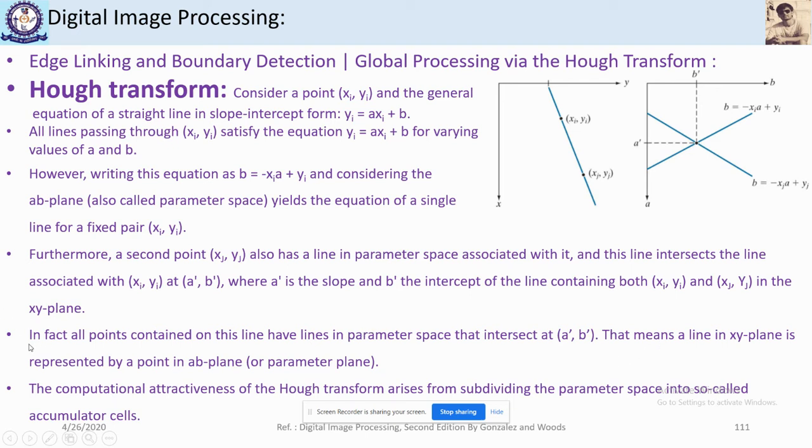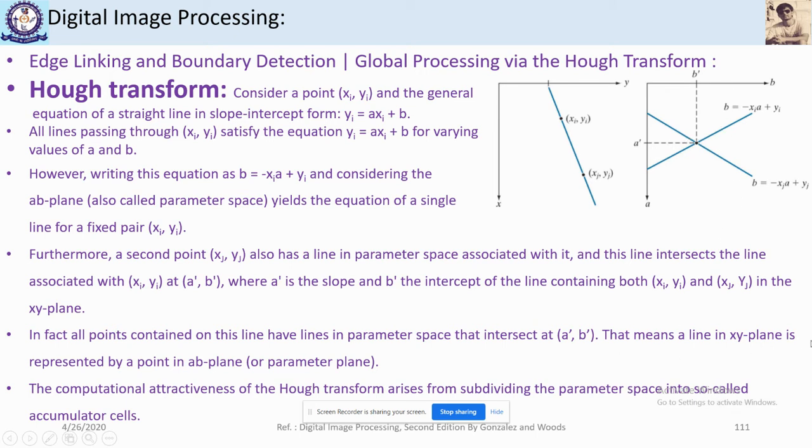In fact, all points contained on this line have lines in parameter space that intersect at a', b'. Since this a', b' represents this straight line, whichever points are on this straight line will be represented by a', b', this point in the parameter plane.